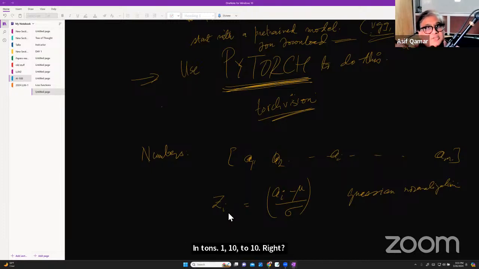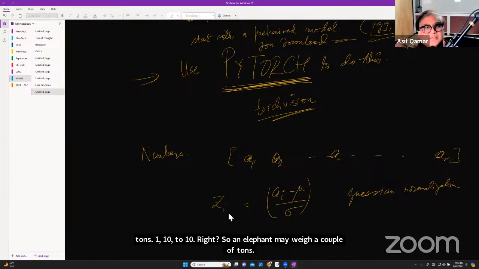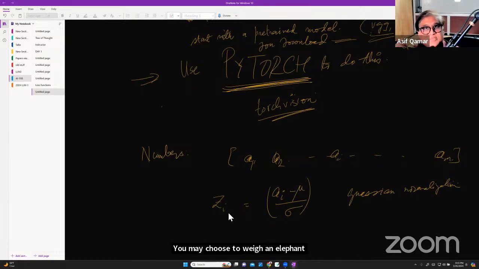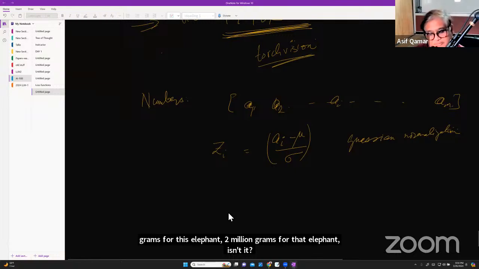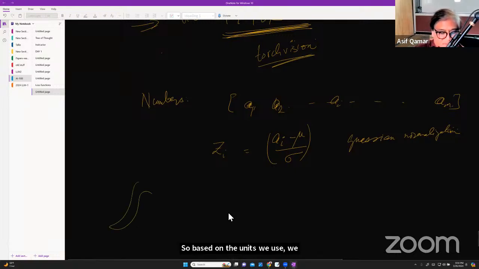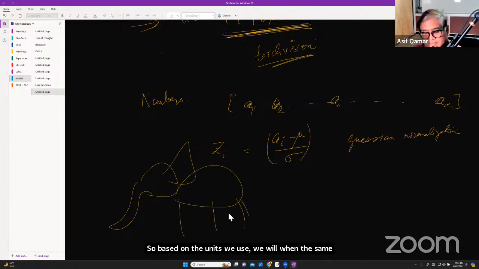You may choose to weigh an elephant in grams, right? So now you would come up with 1 million grams for this elephant, 2 million grams for that elephant, isn't it? So based on the units we use, for the same elephant, we'll come up with very different numbers, isn't it?